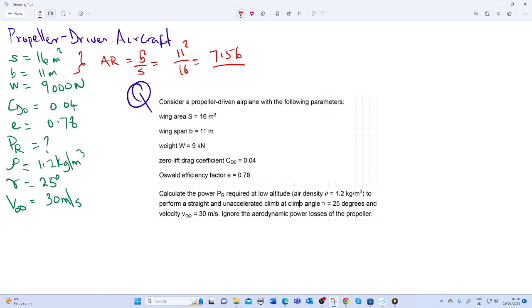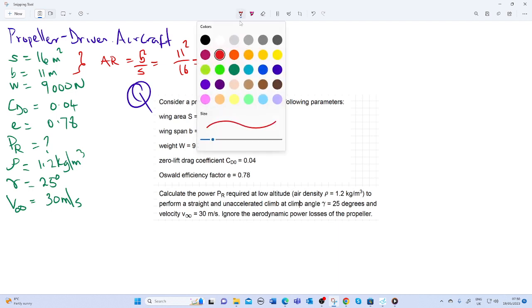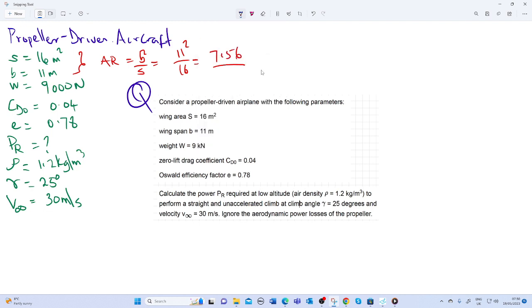Now, using the aircraft flight dynamics schematic, we can generate the thrust, the weight, the drag, and the lift.